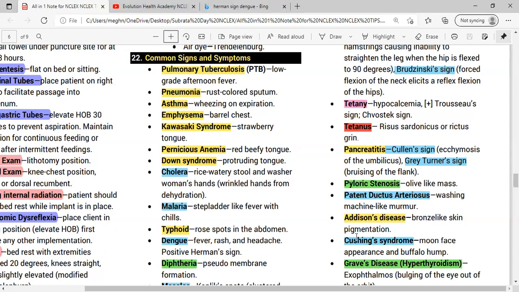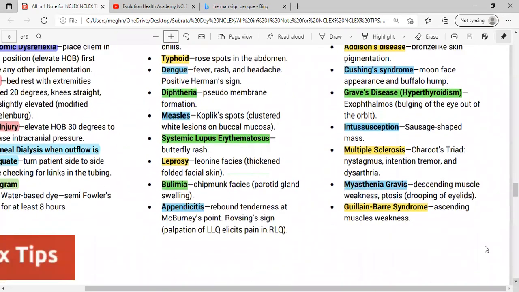In Cushing's, the steroid hormone goes up, U for up, so the patient has a moon face appearance and also a buffalo hump. In Graves' disease, hyperthyroidism, T3 and T4 go up, but TSH goes down. We find exophthalmos, which means bulging of the eye out of the orbit.